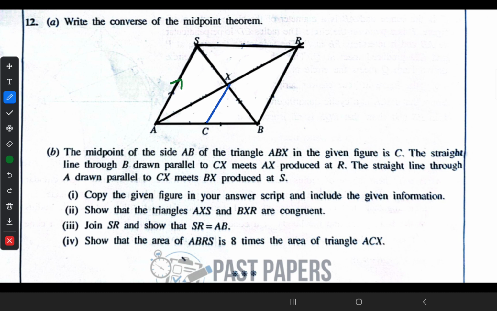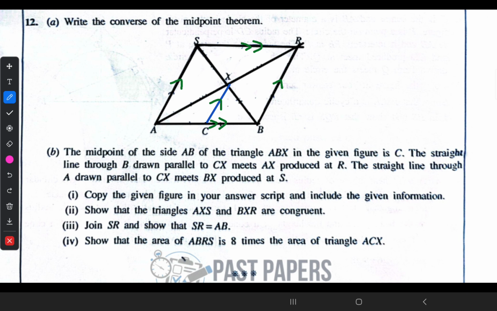These are parallel and these are also parallel with each other, and thereafter we have to show the reason. First of all, to find the area of a triangle, we use half into base into perpendicular height. The area of a parallelogram is base into height, base into perpendicular height. That's the way we need to show area.